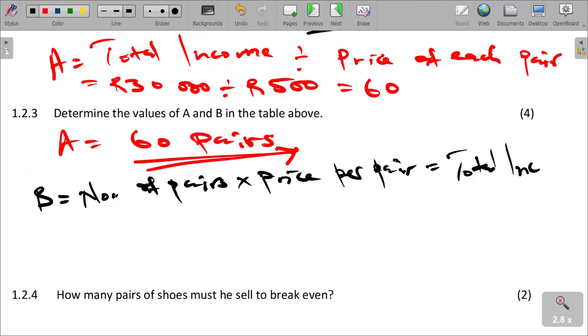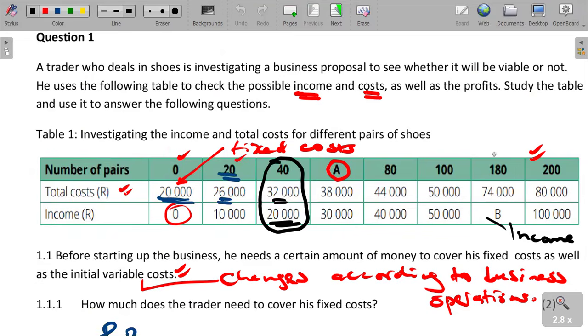Total income is what we call B. We can see that he sold 180 pairs, and each pair was sold at 500.